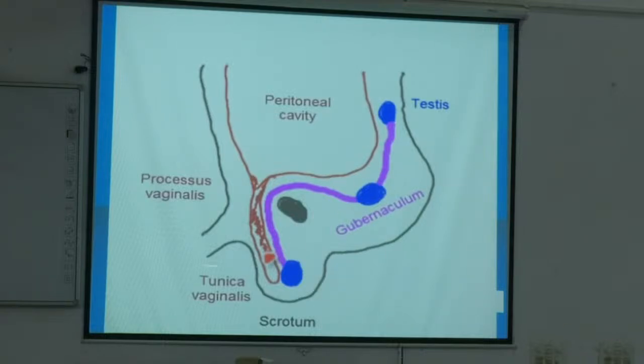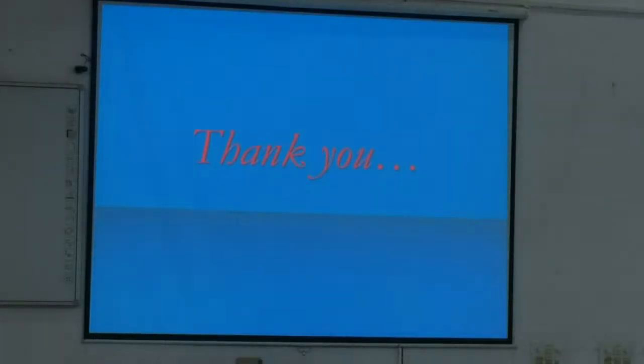And this is the descent of testis. Testis was lying in the posterior wall of the abdomen, then passes through the inguinal canal to descend into the scrotum. And this is the gubernaculum of testis, helping in descent of testis. That's all.